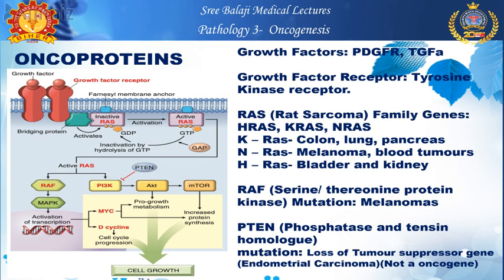So there is no more a negative checkpoint, that is that you need a growth factor or you need a growth factor receptor. So you have different factors like PDGFR, TGF alpha, you have tyrosine kinase receptors, you have KRAS, NRAS, HRAS and RAF. Mutations can cause melanomas.